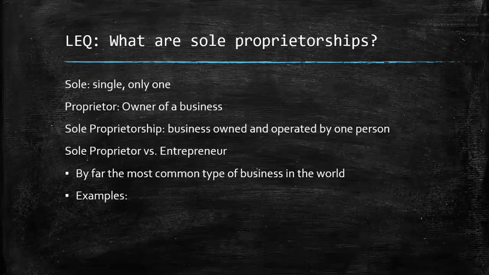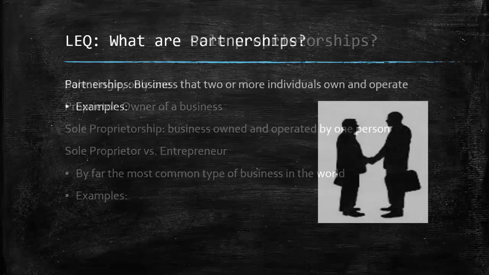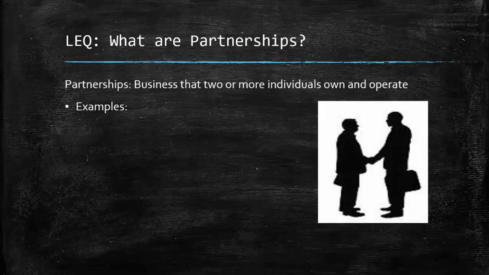So to contrast with sole proprietorships, we have partnerships. Now, a partnership, you can think to yourself, that is 2 people. Now, in economics or the business world, partnerships are businesses that are owned by 2 or more people. So key phrase, 2 or more. Watson Clinic, which you guys know, has about 26 different partners.